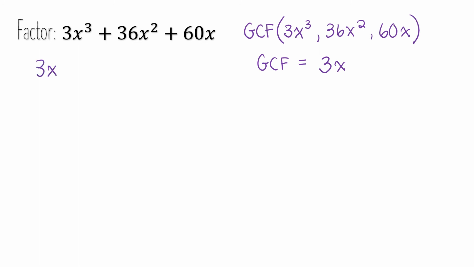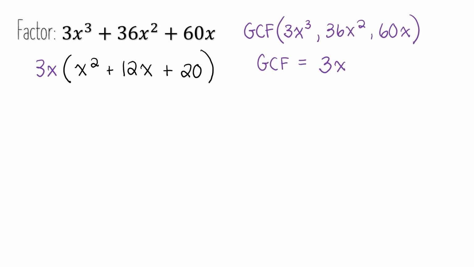So we have 3x times, well, 3x cubed divided by 3x leaves us with x squared, plus 36x squared divided by 3x leaves us with 12x, and 60x divided by 3x leaves us with 20.